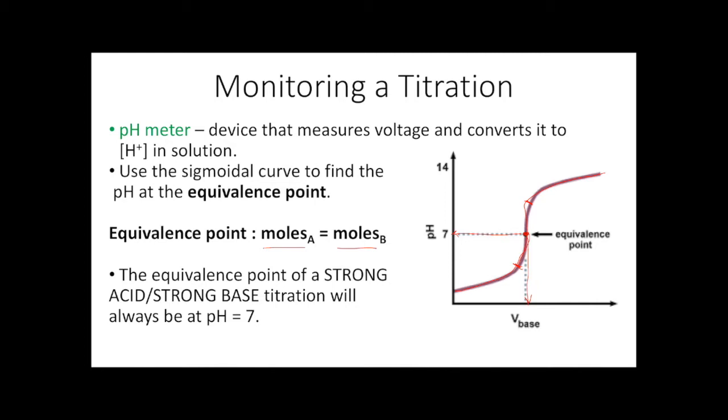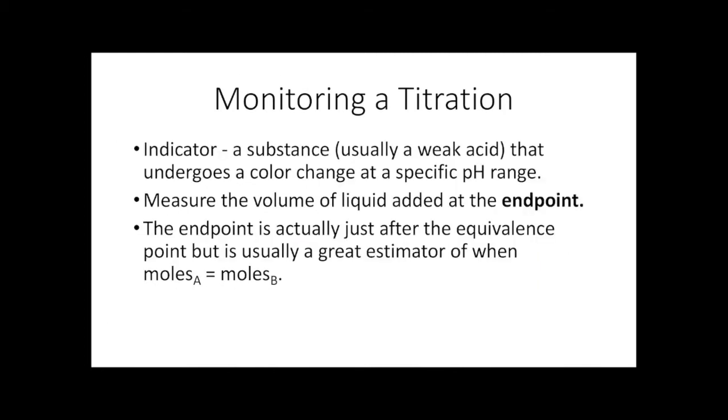A strong titration is easier than a weak-strong titration or weak titration. But the equivalence point is going to be at 7 if it's a strong titration. You can also use an indicator, which is usually a weak acid, that will change color when you get to a specific pH. So essentially what it is if I'm adding base, right?